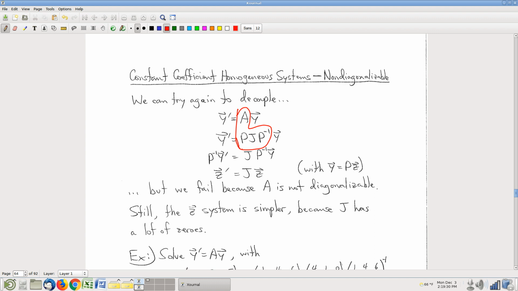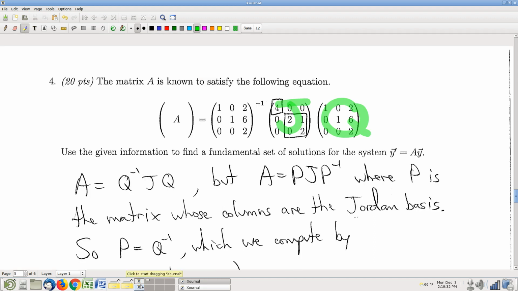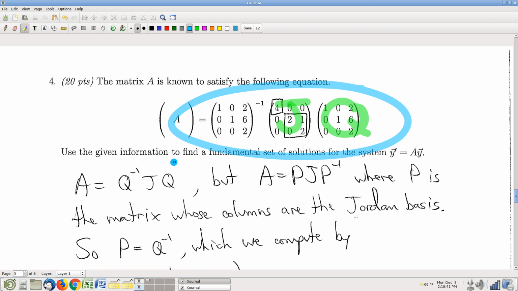So this question as phrased is a little misleading, as life will sometimes be. You have to look at this question as written like this and recognize that having the inverse on the left is writing it backwards. What we need is to recognize this.